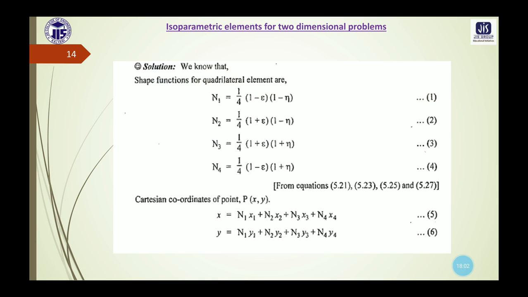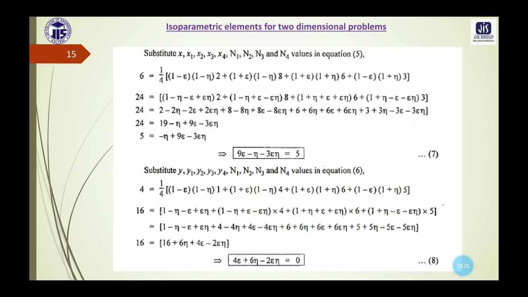Now the formula of the Cartesian coordinates of the point P, x y, can be represented here: x equals n1 x1 plus n2 x2 plus n3 x3 plus n4 x4, and y equals n1 y1 plus n2 y2 plus n3 y3 plus n4 y4. So these are our equation numbers 5 and 6.